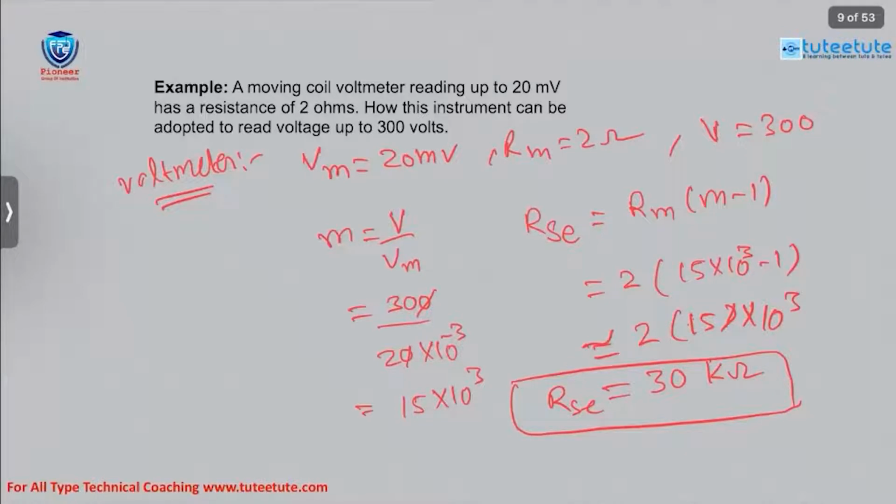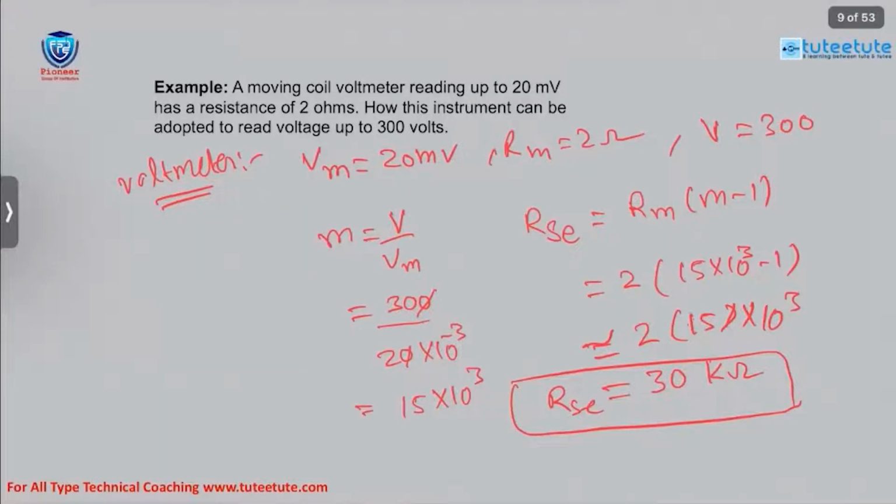Okay, if any problem comes in the measurements, especially moving coil meter, they will ask problems like this only. In most of the examinations, these are the repeated questions. They will give questions directly like this, but we need to be very focused on the given terms and how to substitute in the given formula. Don't get confused. Wherever they are giving the millivolt or milliampere range, that is the meter values.